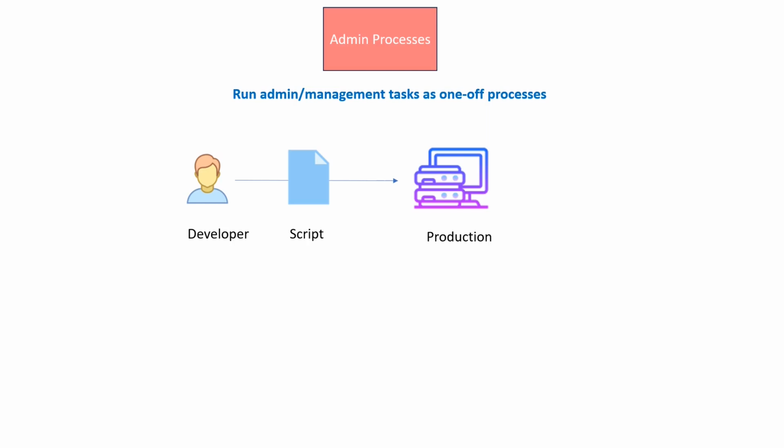For example, if you want to clear some cache or add something into cache, or do a DB migration, those can be done, but through a proper channel with a proper script. It's not that somebody goes and does it manually. The 12-factor app does not recommend doing it manually. I will always do it via some script, and then we can execute it via jobs maybe. So that's it for these 12 factors.